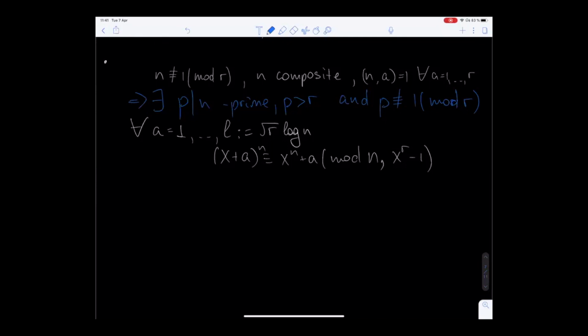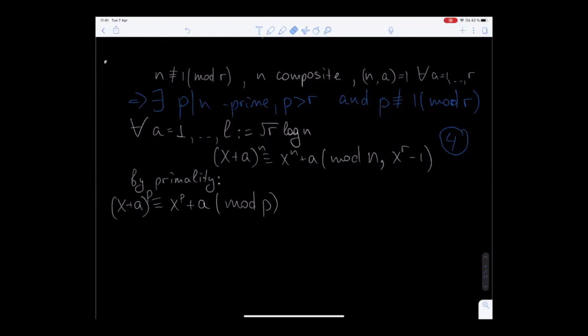This is just step 4 of the algorithm, I just rewrote it here. So this is what we agree on. Now we get this p, a prime factor of n, and by its primality we can say that (x plus a) to the p is congruent to x^p plus a modulo p.